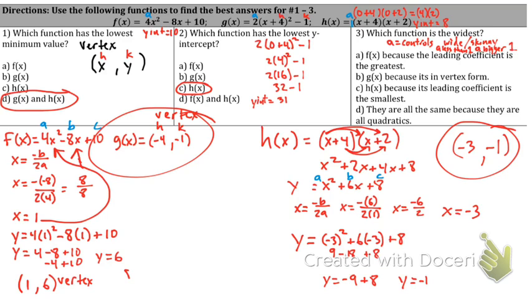Okay, so because of that, which one is the widest? Which one has the smaller a value? Okay, so think of it, smaller a value is the widest. The bigger the a value, the skinnier, okay? So if you look, h of x has the smallest a value, therefore this C would be my answer.